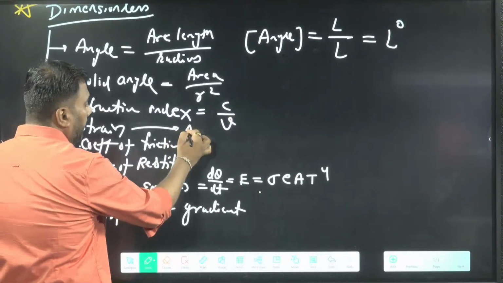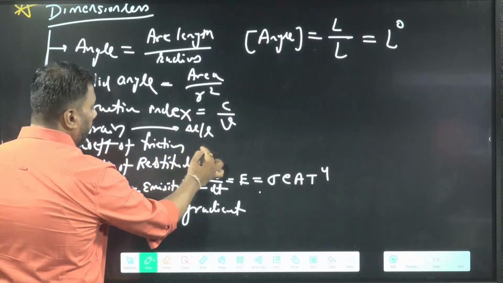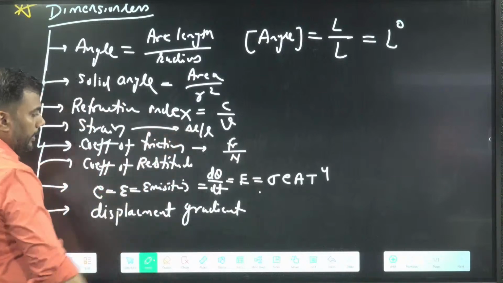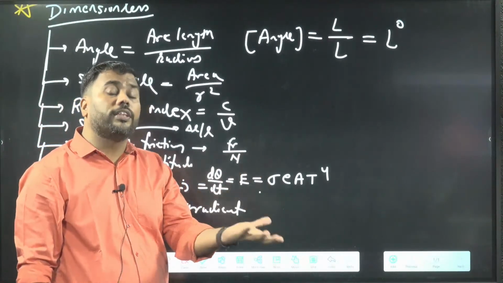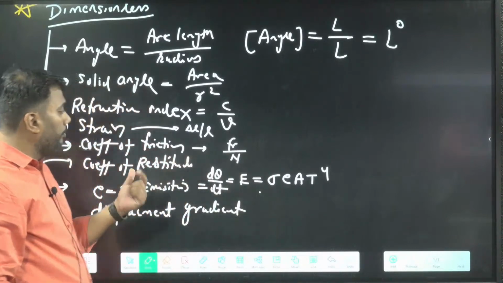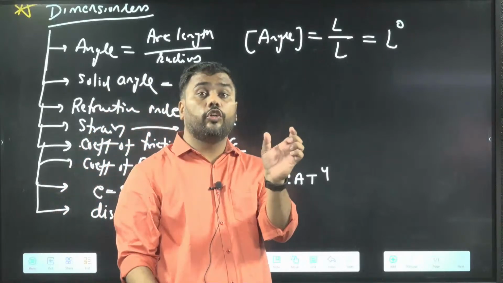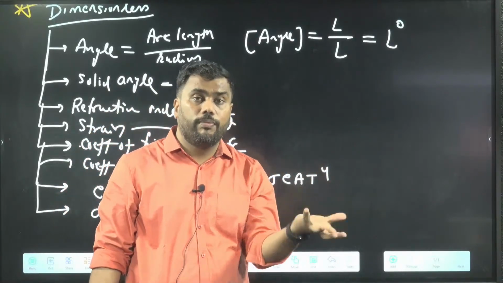Strain is change in length upon original length. This is again a ratio. Coefficient of friction is the value of friction upon normal force. This is again a ratio. Coefficient of restitution is velocity of separation upon velocity of approach. So it's also a ratio. Emissivity is the ratio of the emissive power of a gray body to the emissive power of a black body.